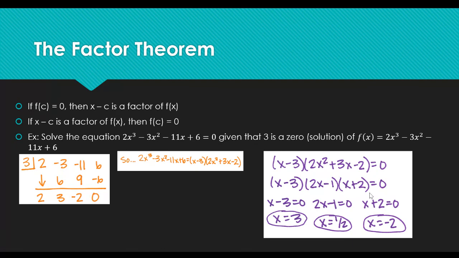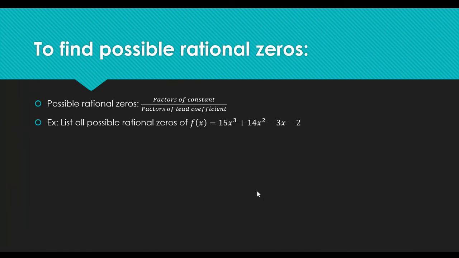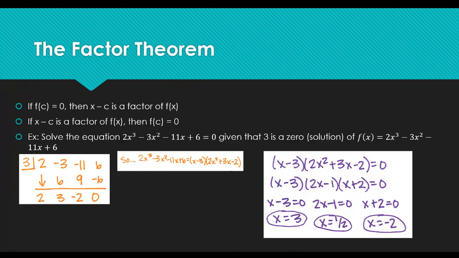Set those equal to 0, solve them out, and you get your answers. You get x equals 3, x equals 1/2, and x equals negative 2. So you get 3 answers there. The 3 that they already told me in the problem, 1/2, and negative 2. So we're going to try those on a couple more here in a minute.